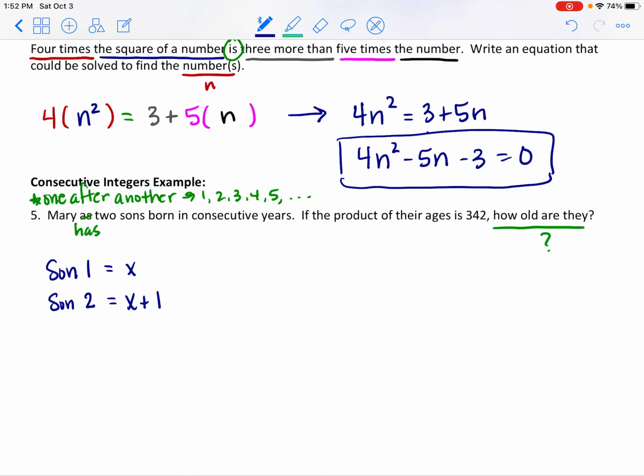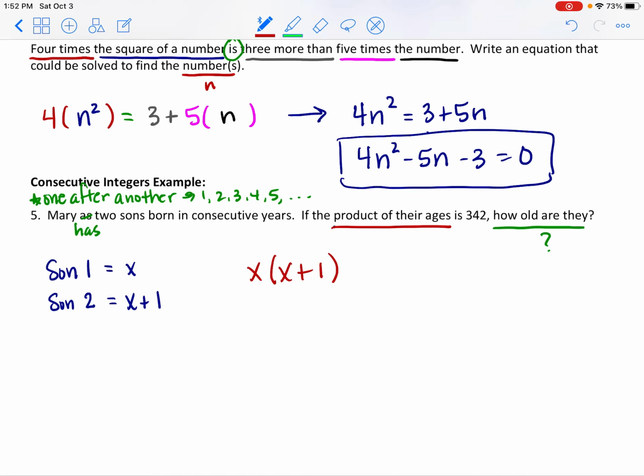Now it says that the product of their ages is 342. Let me just do this color-coded for you. The product of their ages would be X times X plus 1. Sorry, I'm going to change colors. The product of their ages would be X multiplied by X plus 1.